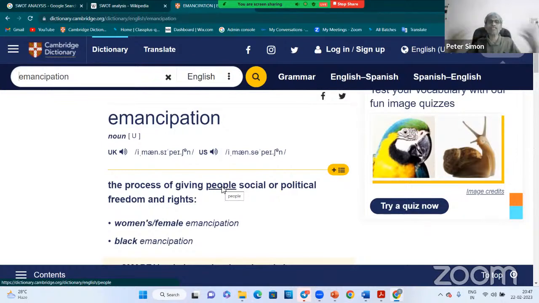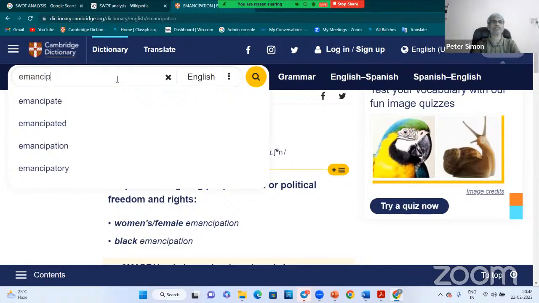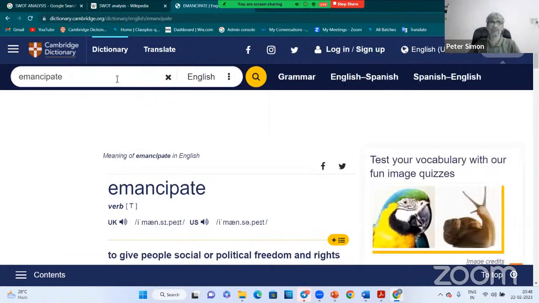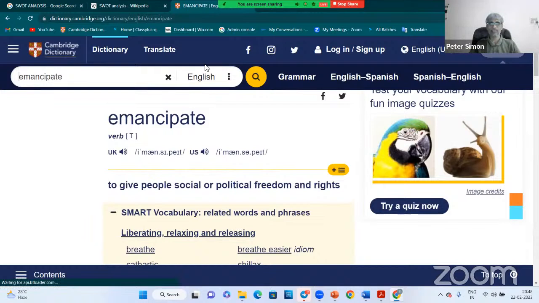Give yourself freedom. Don't be bound, restricted. Be free. Emancipate means liberate. Liberate yourself from all the unnecessary bonds.